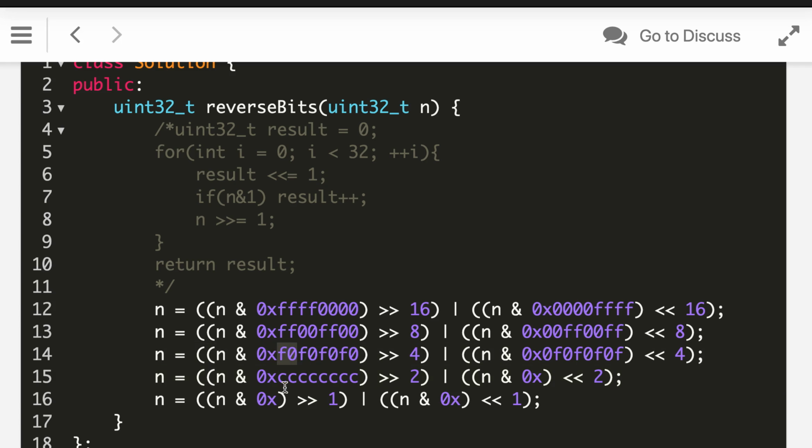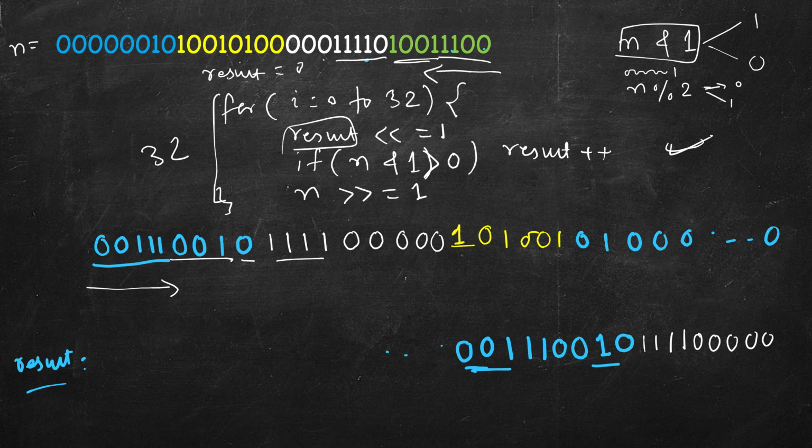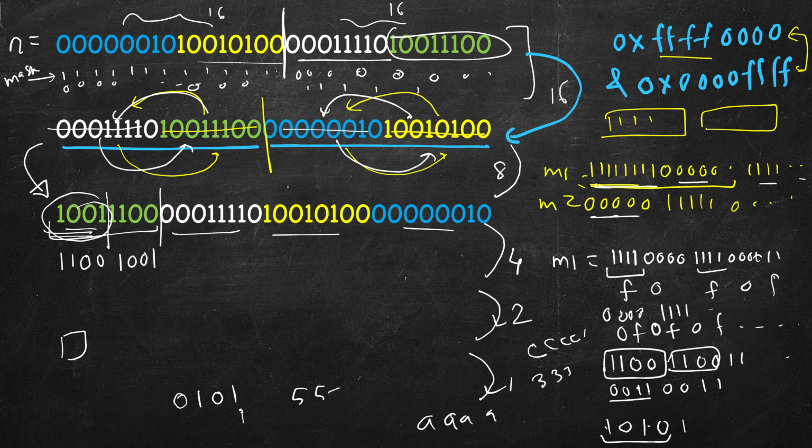So we need 1 0 1 0. So 1 0 1 0 is 8 plus 2, that is 10, which is A. And here it's 0 1 0 1, that is 5. So it's 0 0 1 1.